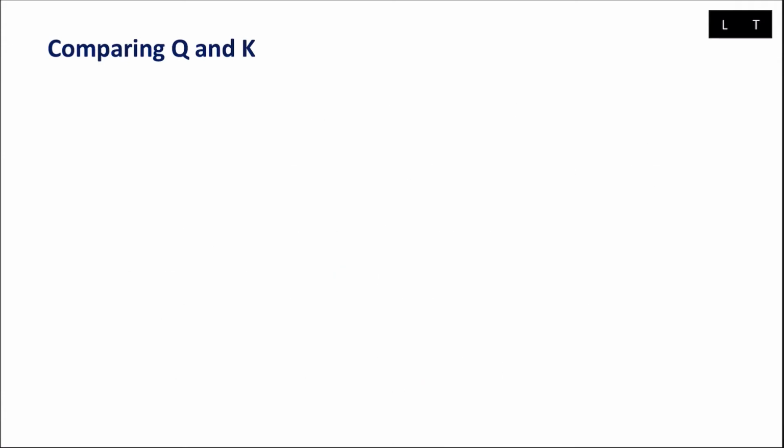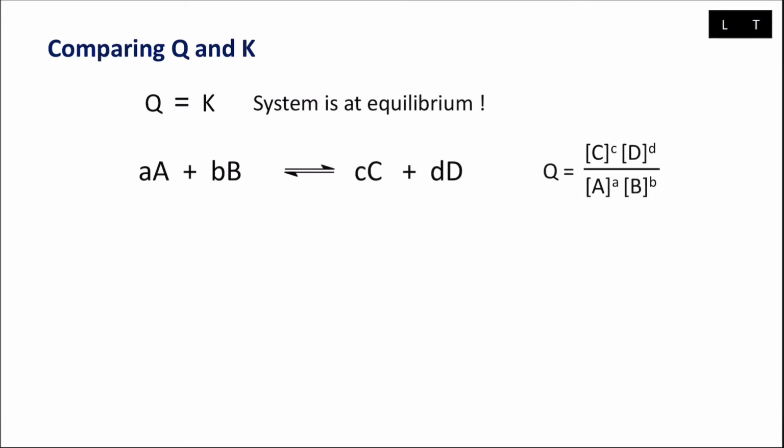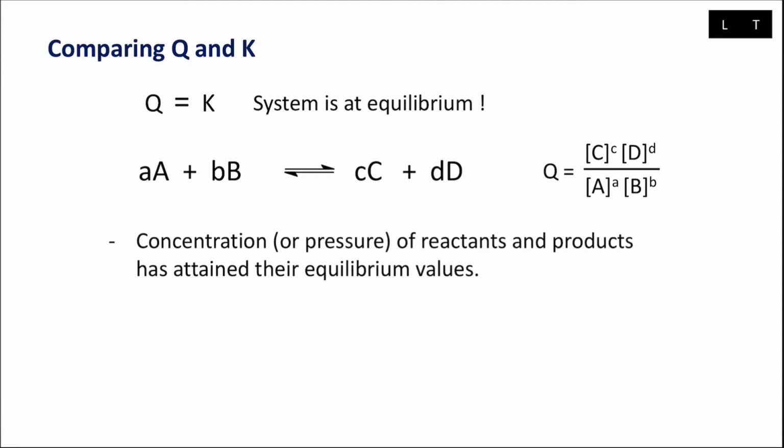Let's look at the second condition, Q equals K. So this system is at equilibrium. We have the same reaction and you have the expression for Q for any concentrations. So the concentrations or pressures for both product and reactant have reached equilibrium. So it has the equilibrium value where reactant is reversible with the product.